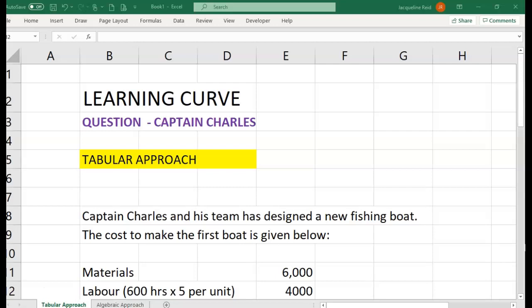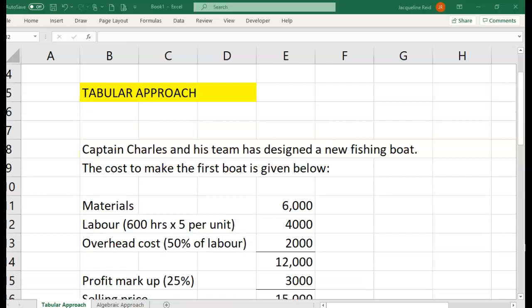Now, the question is Captain Charles, and he and his team have designed a new fishing boat, and they have given us some costs. Now, this cost relates to the first boat. It cost $6,000, and you know it's not Jamaican dollars. It costs $6,000 for the raw material for one boat.